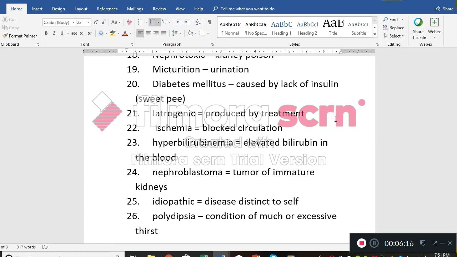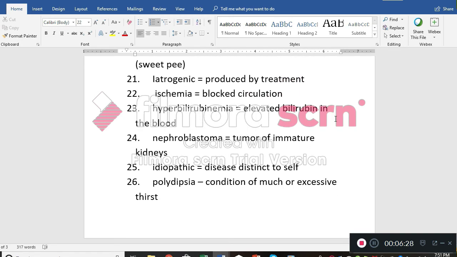Hyperbilirubinemia is elevated bilirubin in the blood. You guys also know that this is jaundice or icterus. Hyperbilirubinemia. Number 24 is nephroblastoma, which is a tumor of the immature kidney. So oma is tumor, nephro is kidney, blasto is immature.